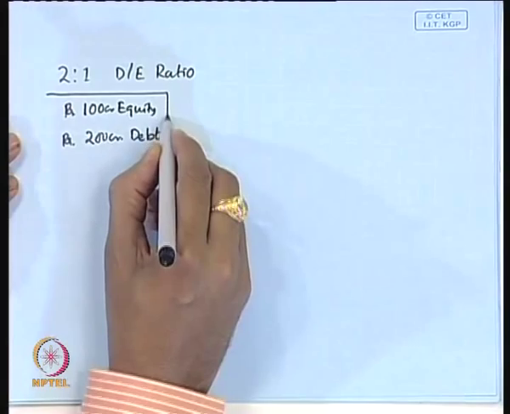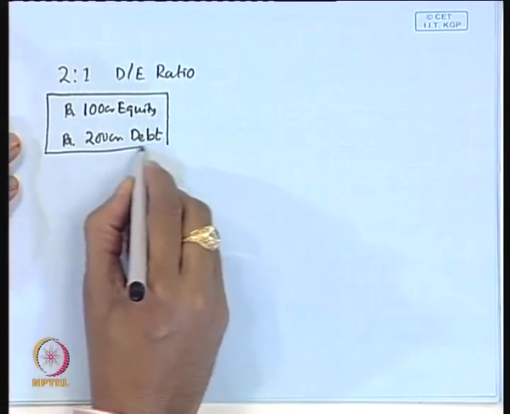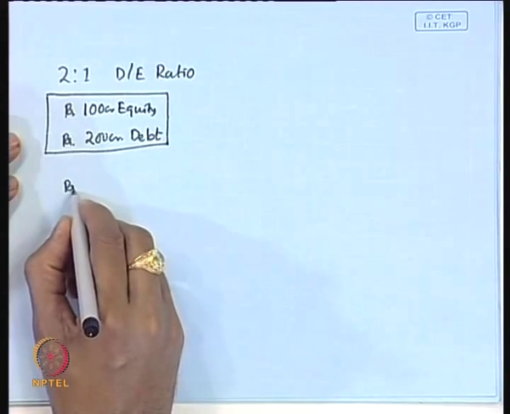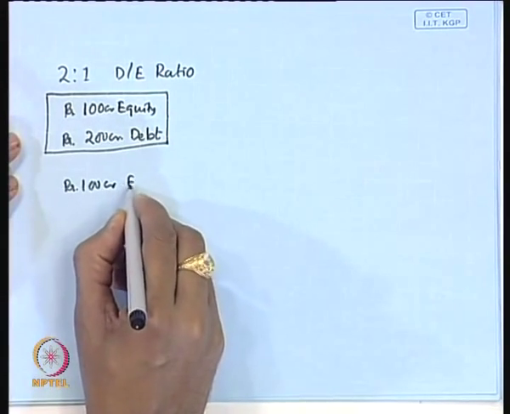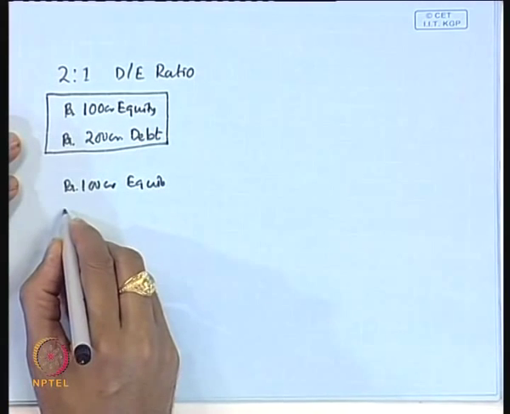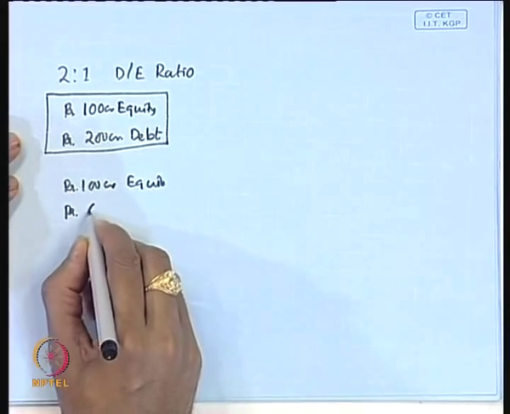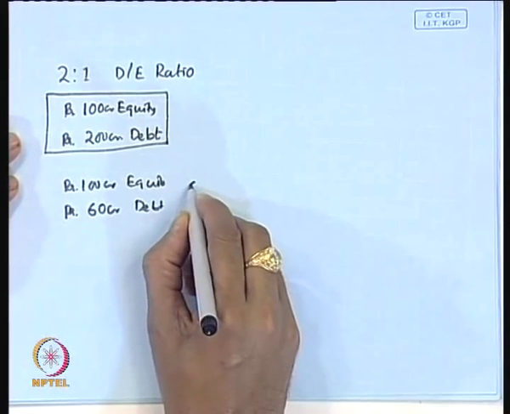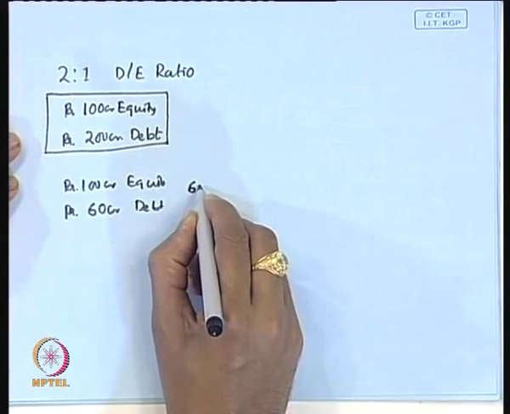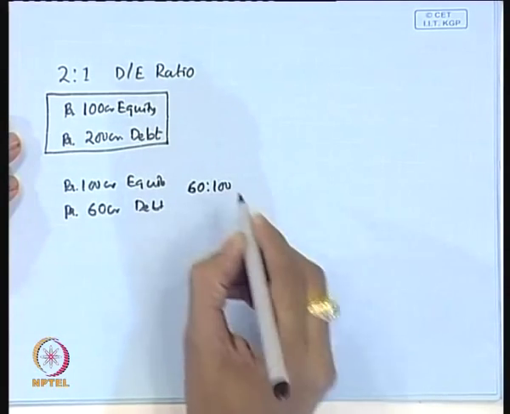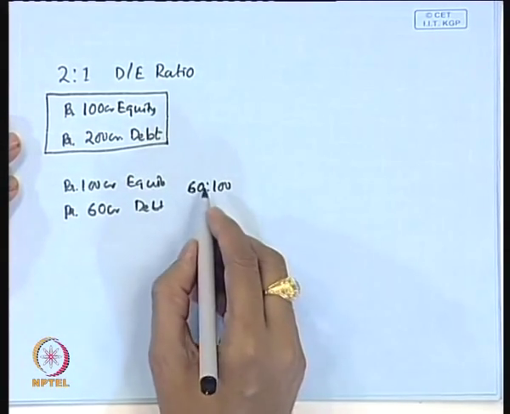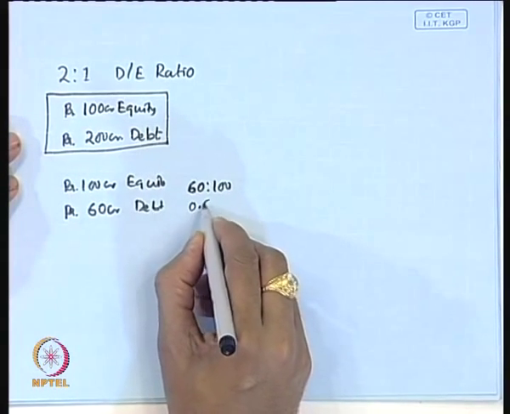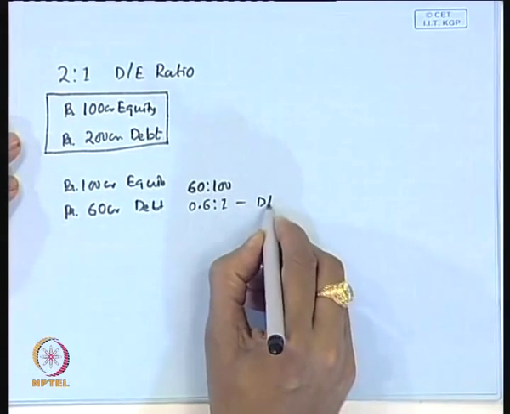That is the limit the bank can tolerate. If another company has the same 100 crore rupees as equity and let us say 60 crore as debt, then 60 to 100, or 6:10, or 0.6:1 is the debt equity ratio.